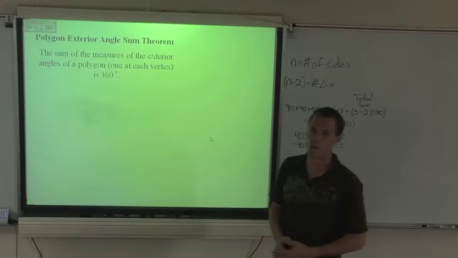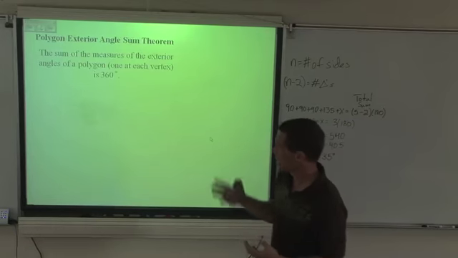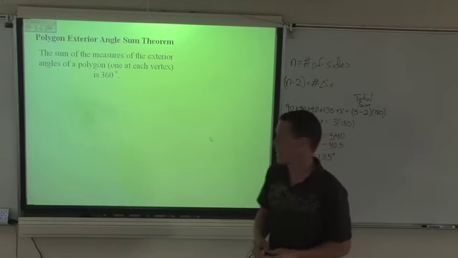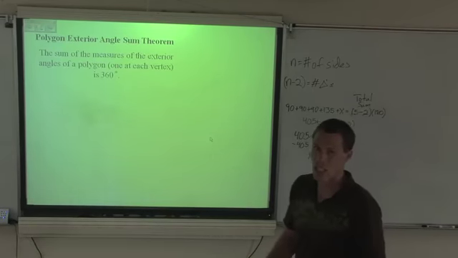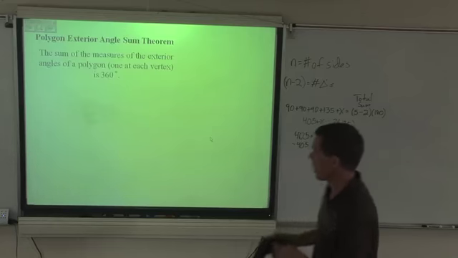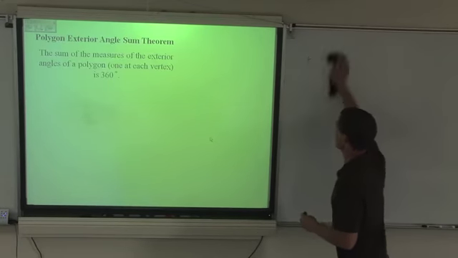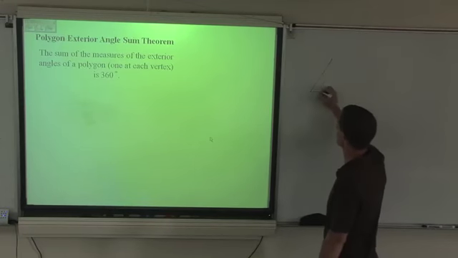Now, a second theorem that we have that we are not going to produce a chart for is the polygon exterior angle sum theorem. The exterior angle sum theorem says that the sum of the angles outside of a polygon will always add up to 360. So let's take a look at, first of all, what an exterior angle looks like.